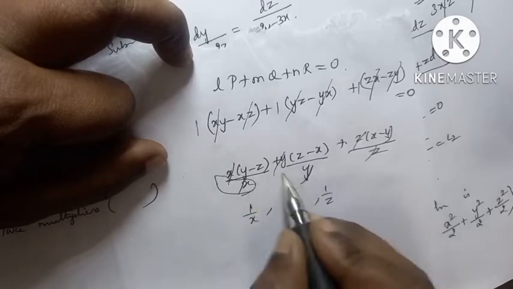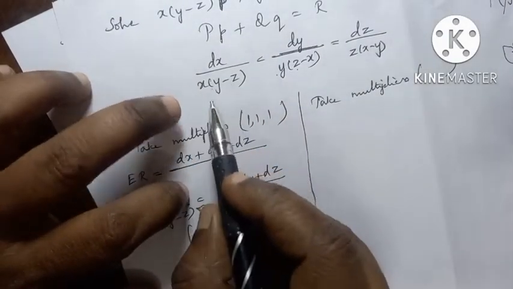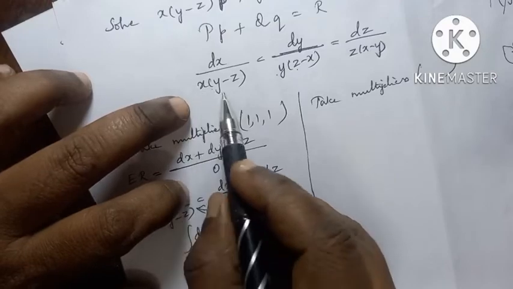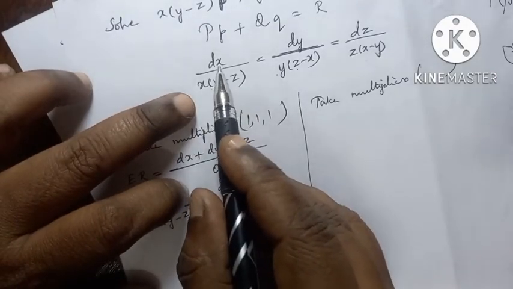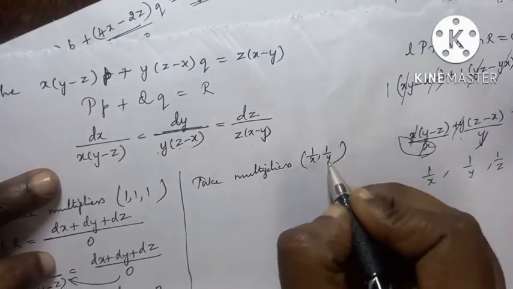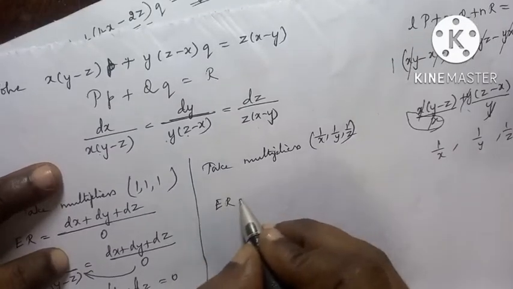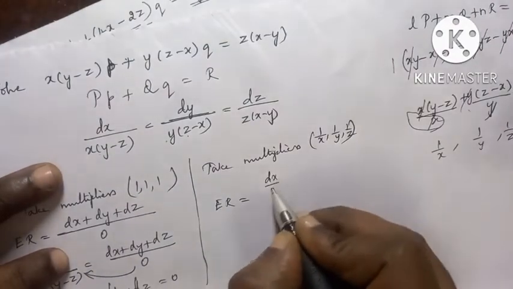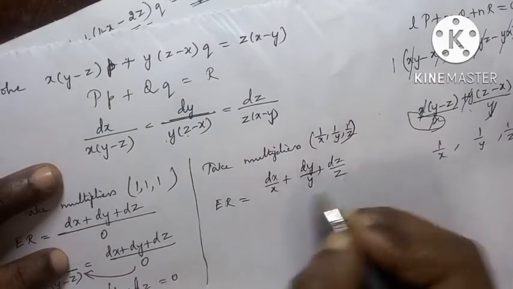1 divided by x, right? So listen here. If I divide this by x, I have to divide the numerator also by x. So the multipliers are, just now we discussed, in a problem. Each of the ratios is equal to dx by x plus dy by y plus dz by z.